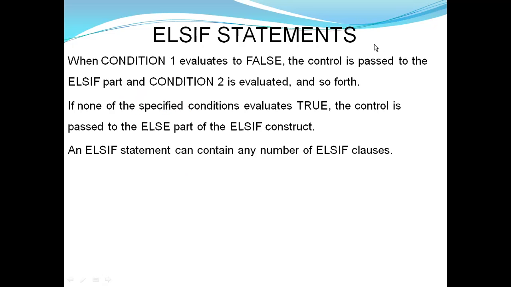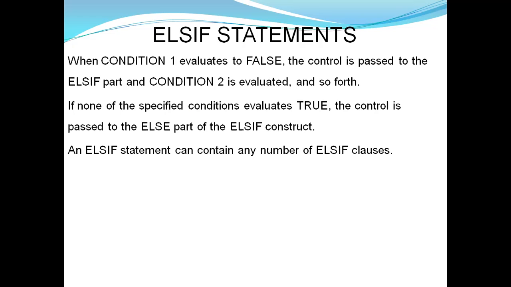That's the ELSIF statement. So ELSIF statements are clear. When condition 1 is evaluated to false, then control is passed to the ELSIF part and condition 2 is evaluated, and so on. That's the use of ELSIF. Many times you want to check multiple things, such as whether that is a boy. If yes, no other things will be checked.